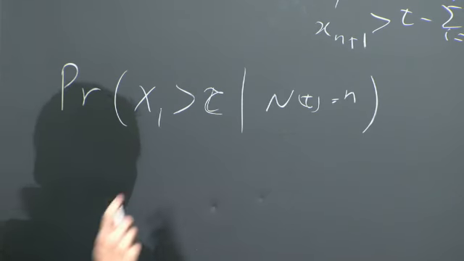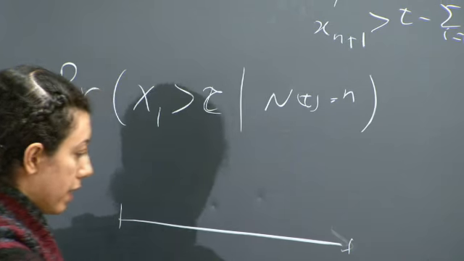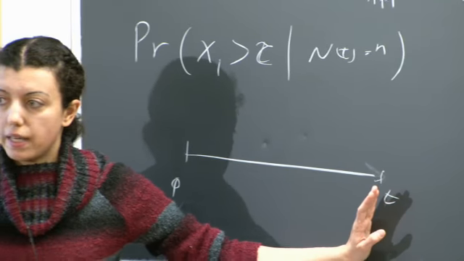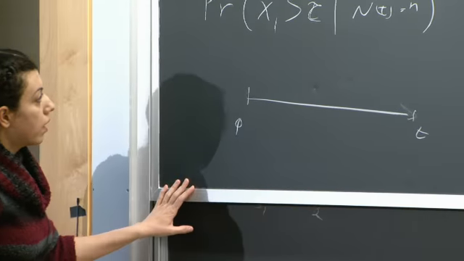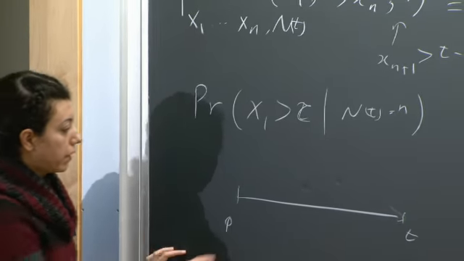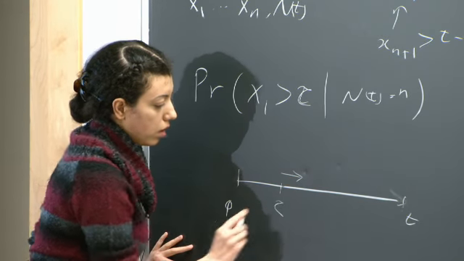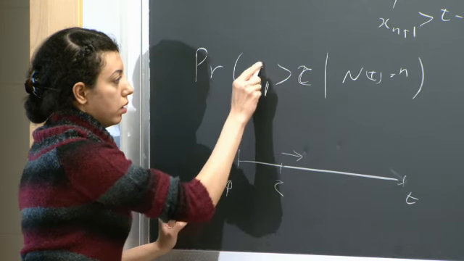Conditioned on N(t) equal to n, I know that in this interval I have n arrivals and n inter-arrival times. And I want to know if x1 is in this interval, or S1 is equal to x1.